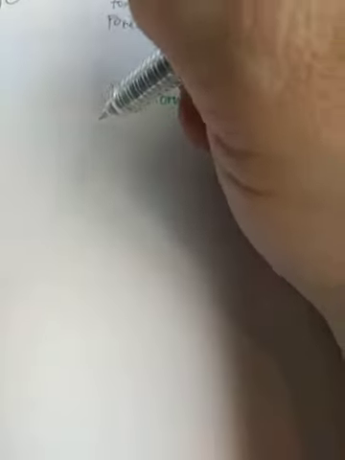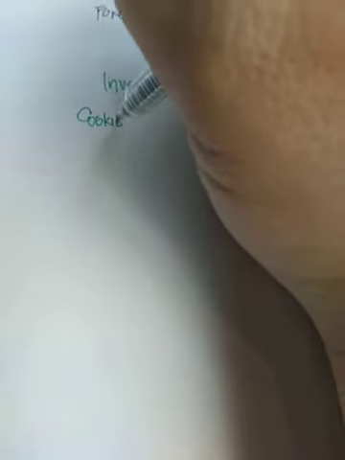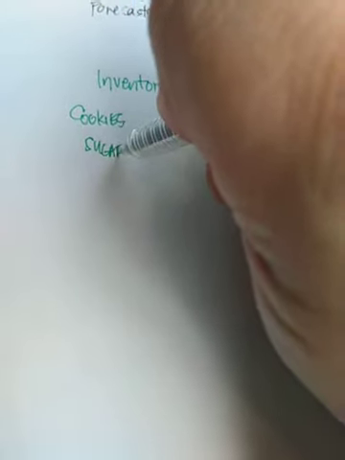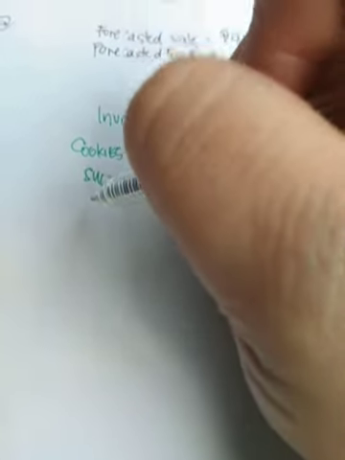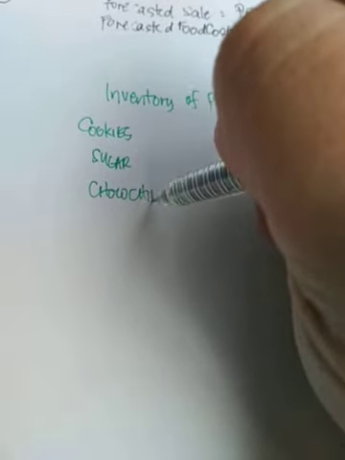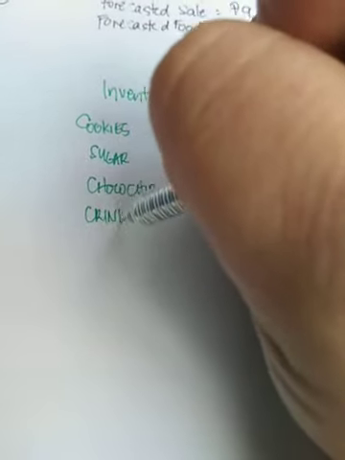Be-breakdown ko lang po ulit sa product list natin. Ngayon, ang magiging inventaryo mo is inventory of products for sale. Cookies. You have the sugar cookies. Ulitin lang po natin para consistent tayo. Choco chip. Crinkles.